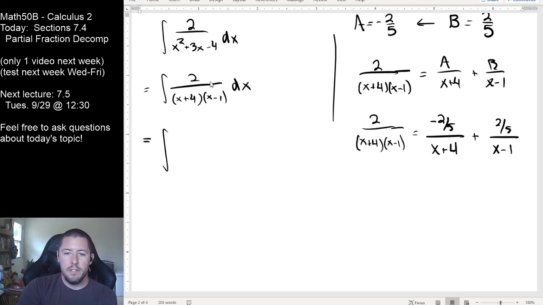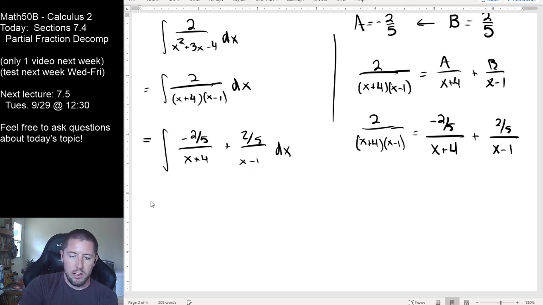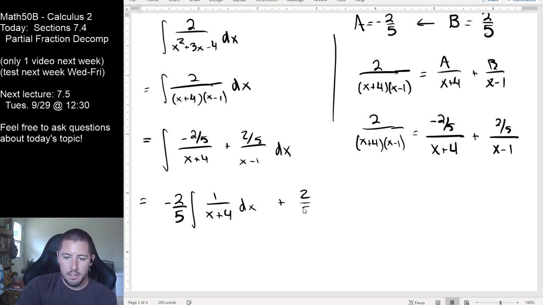So it looks like we have decomposed this fraction into two fractions, negative 2/5 over x plus 4 plus positive 2/5 over x minus 1. And I'm now just going to write this as two very simple integral statements: negative 2/5 integral of 1 over x plus 4 dx, plus positive 2/5 integral of 1 over x minus 1 dx.